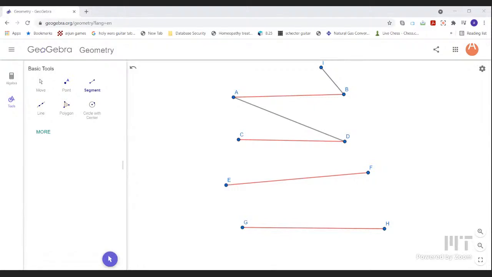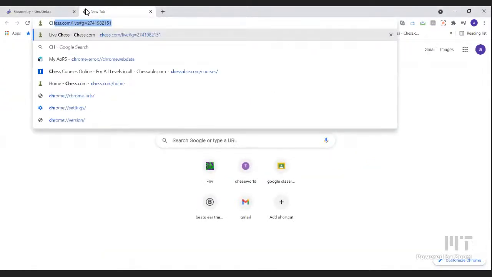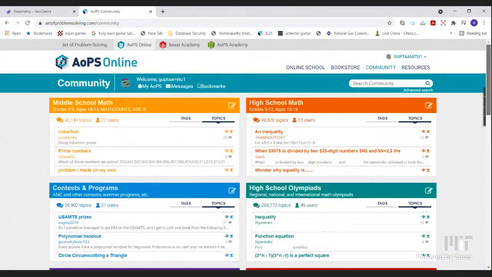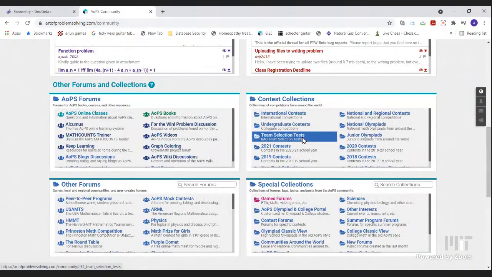Should we discuss the problem? Please explain the problem. It is China TST 2015 P3. It was being discussed in RG's class.